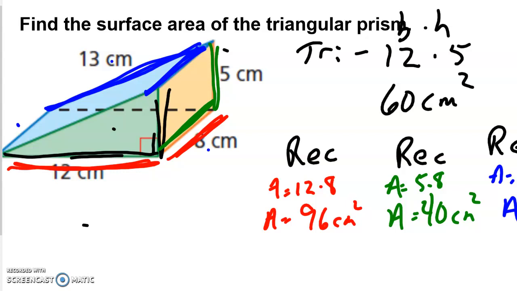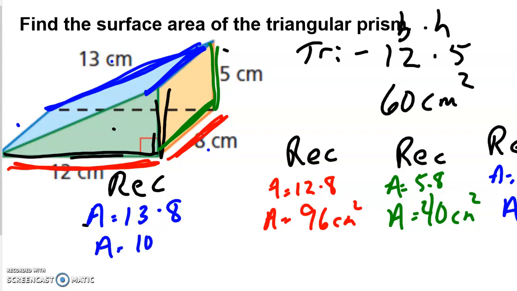So our last thing that we want to do is find our grand total. Okay, I did not realize that I was going off the screen. Gosh, it's just like being on the duck game at school. So I'm going to put this other rectangle right here and just do the work again so you can clearly see it. 13 by 8, 104 centimeters.